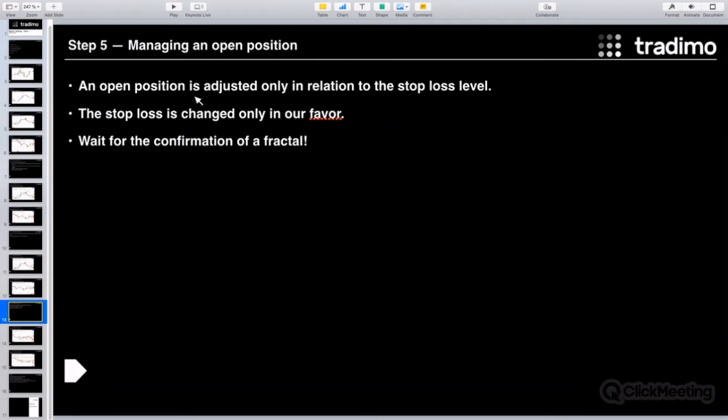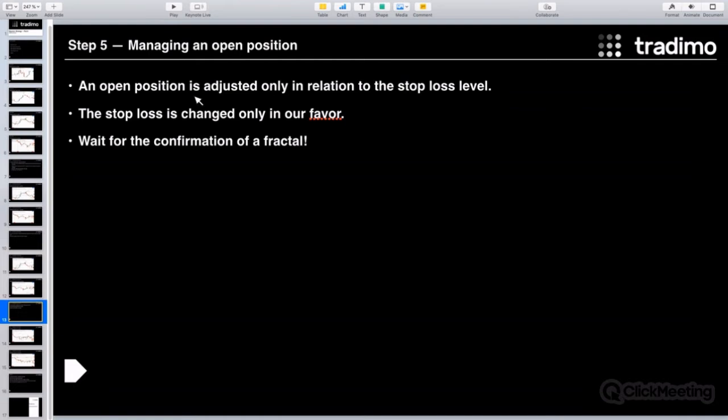But the stop loss level can be changed, and we only change the stop loss level in our favor. So to reduce our risk, we are moving our stop loss higher in an uptrend, and we are moving our stop loss lower in a downtrend, just to reduce our risk. We will never ever make the stop loss bigger than the initial stop loss was.